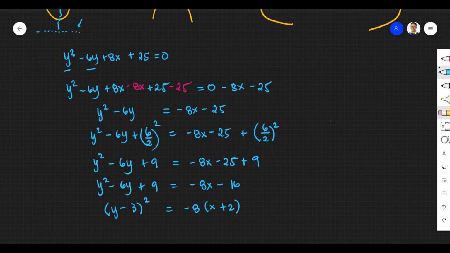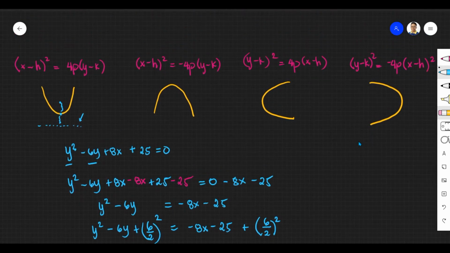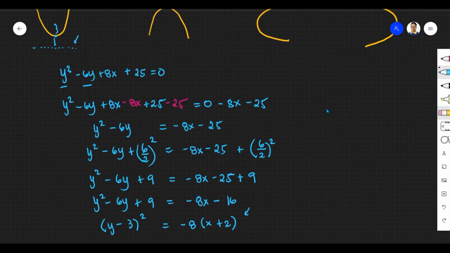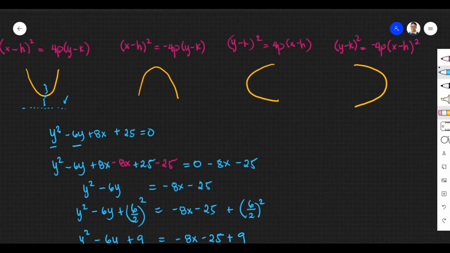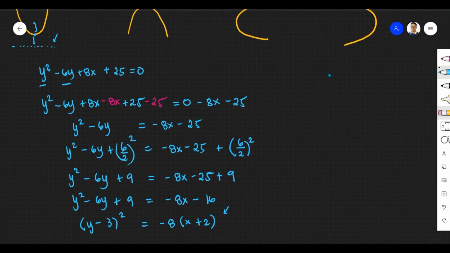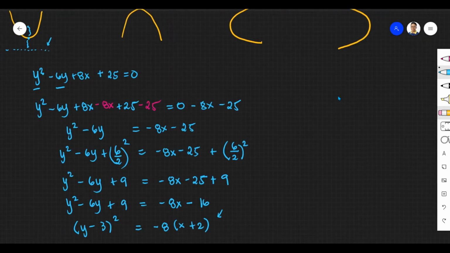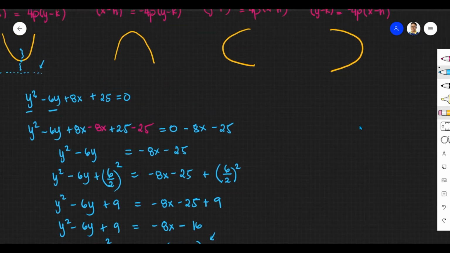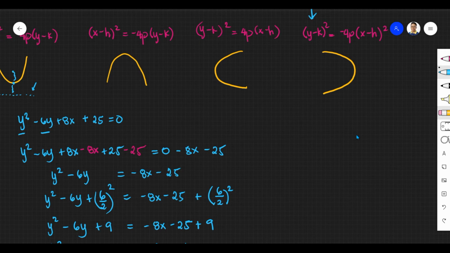In this form, this is now similar to one of the equations that I just wrote earlier. And which one of them? This is the fourth one. You notice it? We have (y minus 3) squared equals negative 8 times (x plus 2). There should be no squared for this equation here.